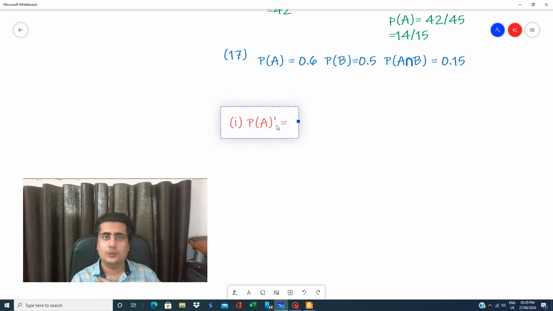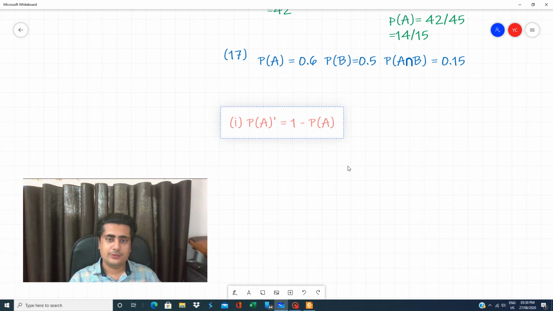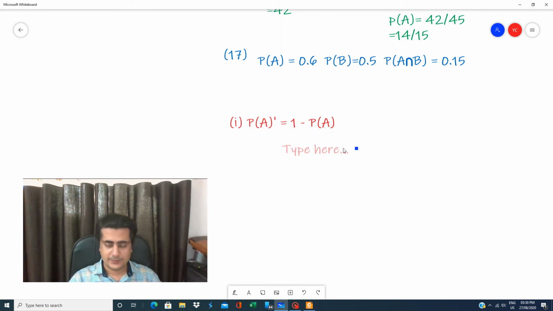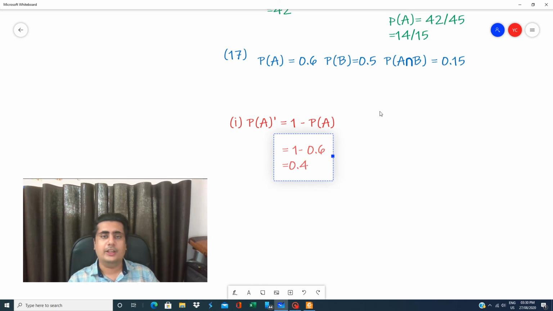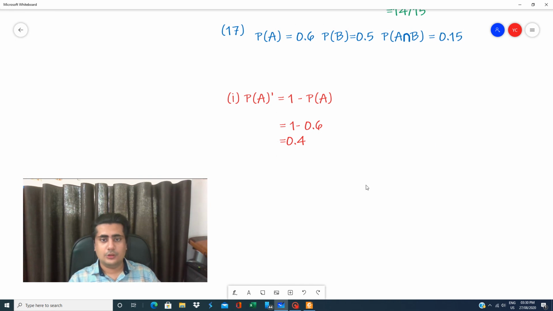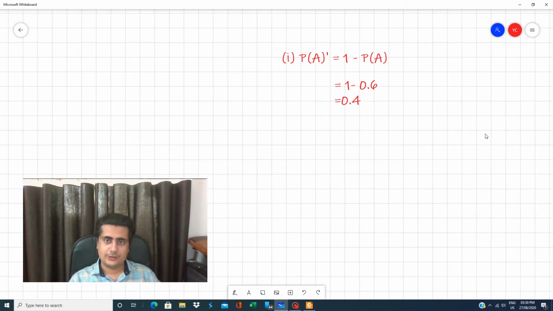It is 1 minus P of A. Now, 1 minus P of A means 1 minus 0.6, so your answer should be 0.4. This is your first question, that is P of A dash.